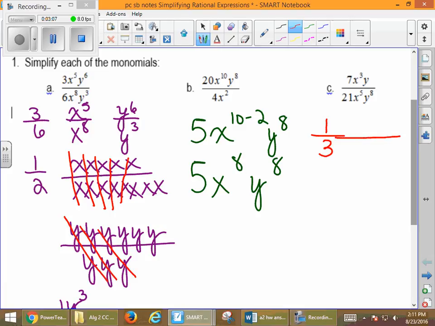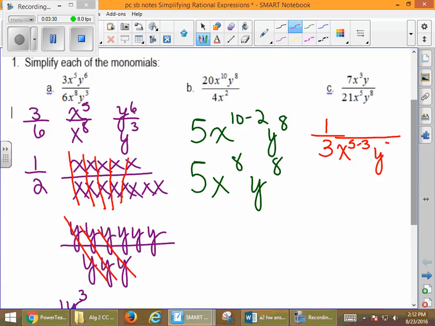So in other words here, x cubed divided by x to the 5th. We can subtract those exponents, and because the 5 is a bigger number than the 3, we're going to end up on bottom. And it just so happens that it's going to be the same way with the y's.